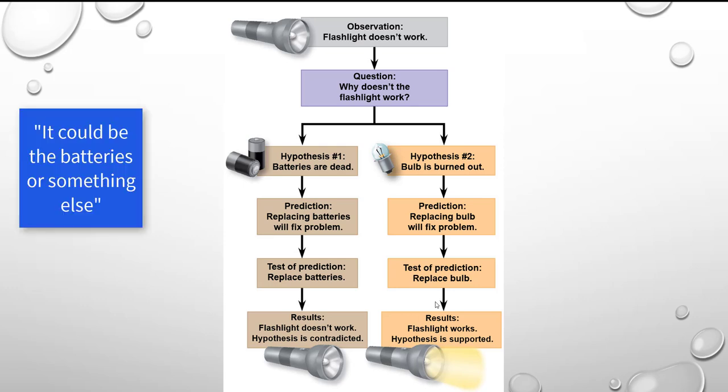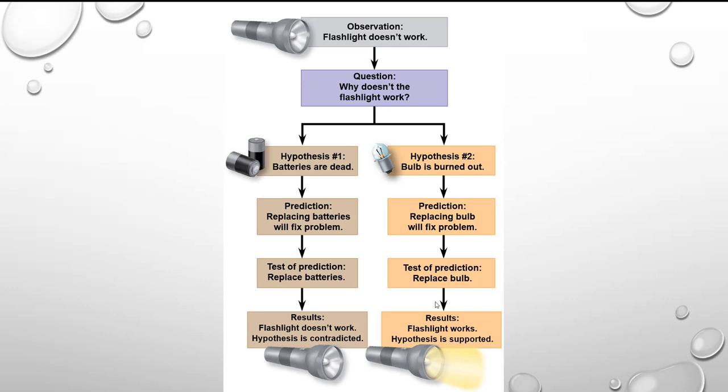That's not a good hypothesis because that's not falsifiable. Well, it could be the batteries, but it could be something else. How do I prove that it's something else, or the batteries? How is that falsifiable? It needs to be something solid. Batteries are dead. That is falsifiable. I could prove that is not true if I change the batteries and it doesn't work.